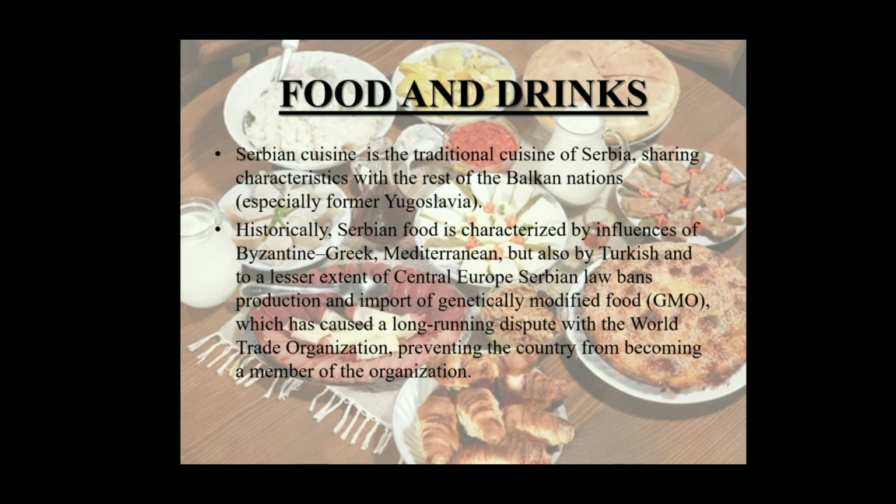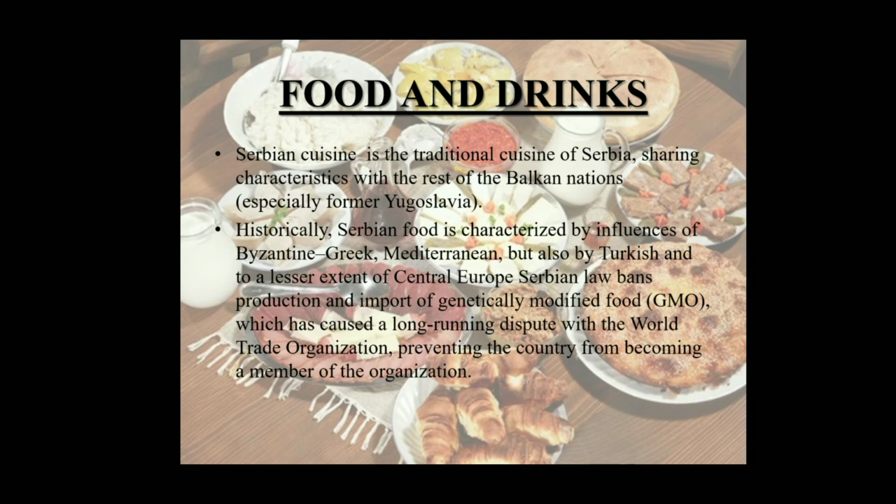Food and drinks. Serbian cuisine is the traditional cuisine of Serbia, sharing characteristics with the rest of the Balkan nations, especially former Yugoslavia. Historically, Serbian food is characterized by the influence of Byzantine, Greek, Mediterranean, but also by Turkish and to a lesser extent of Central Europe.